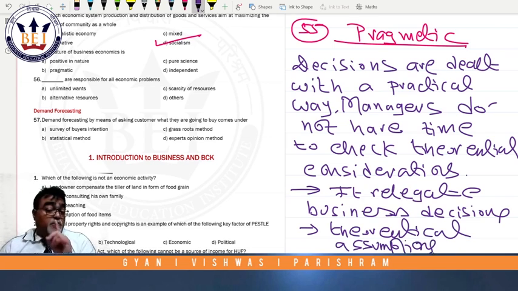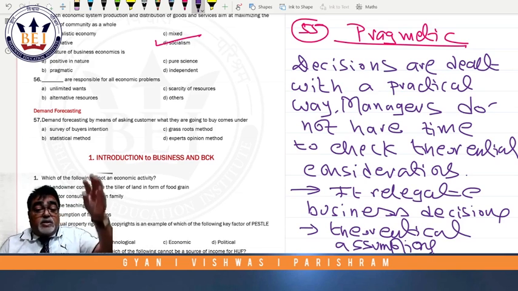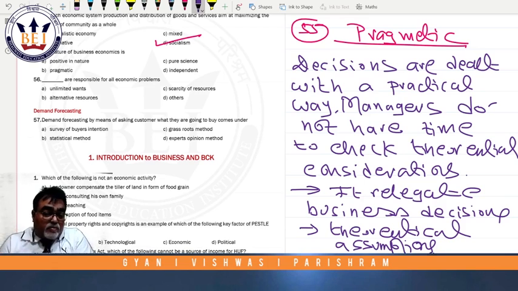So it is not possible in pure economics, it is possible in business economics. Business economics is pragmatic. Why pragmatic, beta? It is based on some theory, but doesn't mean that always that theoretical things should be complied with. And when it comes in practical way, managers do not have any considerable time to check what is the background of theoretical evidence. So he'll carry on with the present situation.